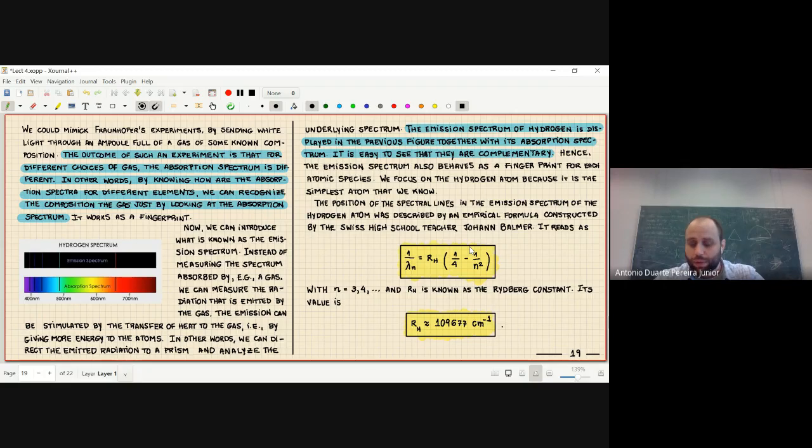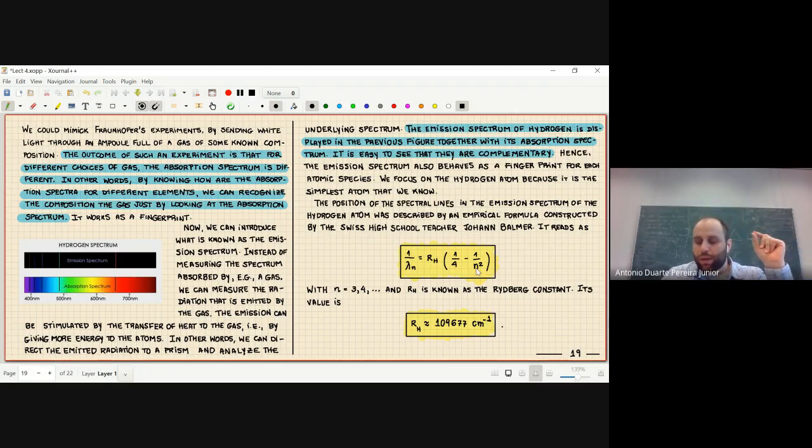So he's saying the following. 1 over the wavelength, so the inverse of the wavelength, will be a constant, which is called the Rydberg constant, times (1/4 minus 1/n squared). And n is a natural number that counts exactly the fact that you're dealing with a discrete set of dark lines.